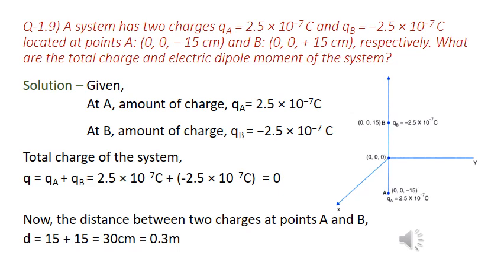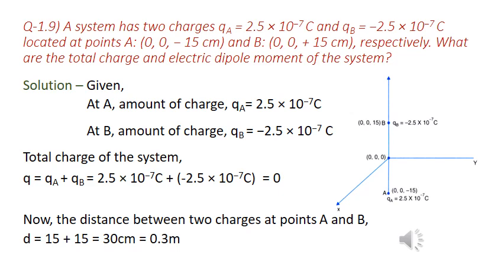In this question, it is given that two charges of equal magnitude but opposite signs are situated on the z-axis. The coordinates of the 2 points at which the charges are located are minus 15 centimeter on the negative z-axis and plus 15 centimeter on the positive z-axis.